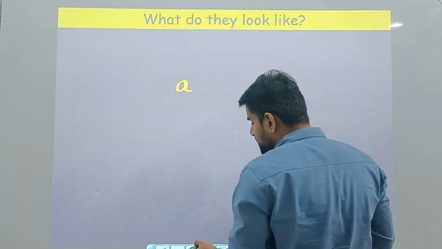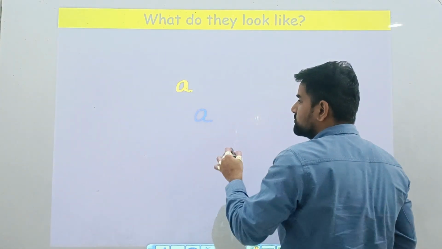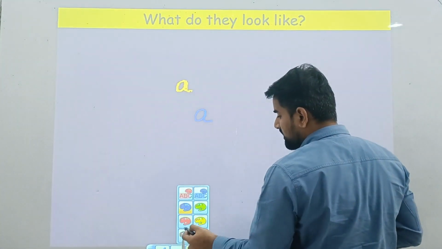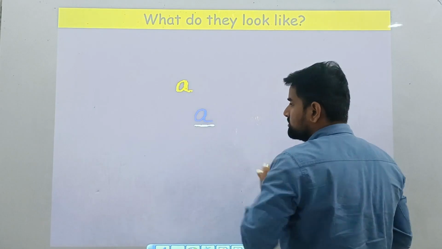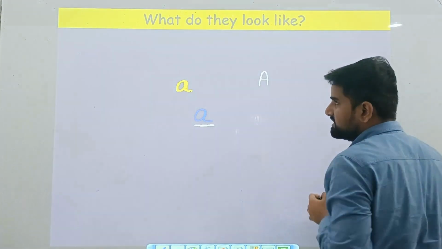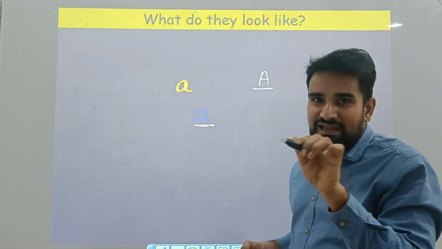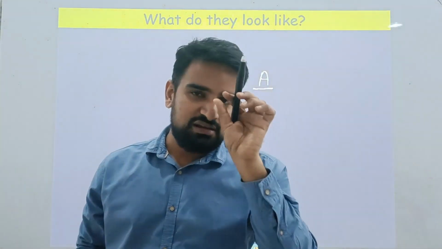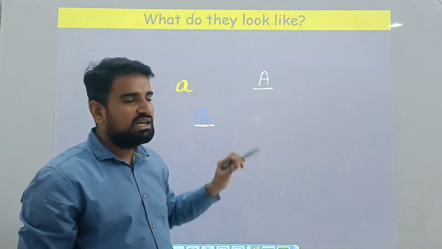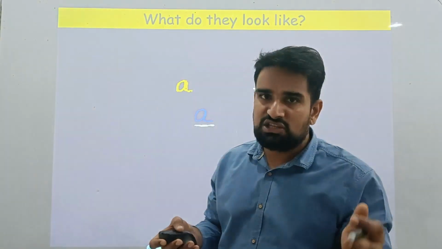Some scientists also represented a vector by putting a line under it. So if you want to represent a vector A, you need to put a line under it. The underline under any algebraic letter also represents a vector quantity. So these are three types of representation we learned.